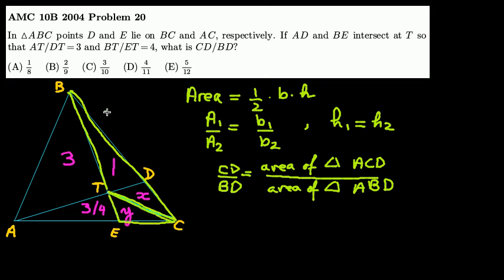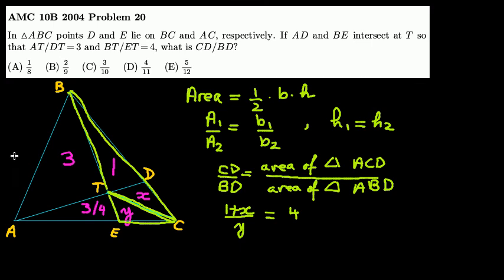These two triangles have the same height with a common vertex at C, and we know the ratio BT over ET equals 4. So we can write down that 1 plus X, which is the area of triangle BTC, divided by Y, which is the area of triangle TEC, must be equal to 4.